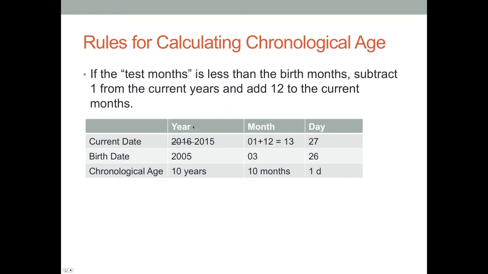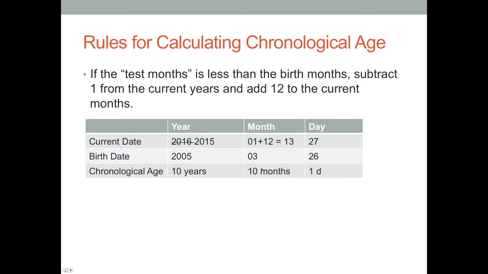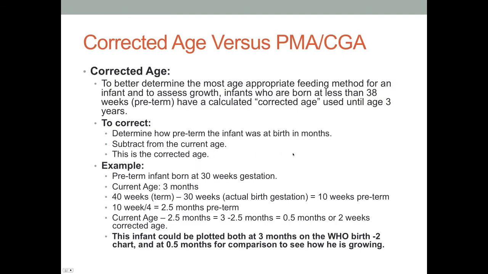So in this case, you would actually say they were 10 years and 10 months, but in this case, they're 9 years, and you would round to 1 month. If we're rounding months, if they're between 0 and 1 month, you round to 0, 2 to 4, a quarter, 5 to 7.5, and so on.